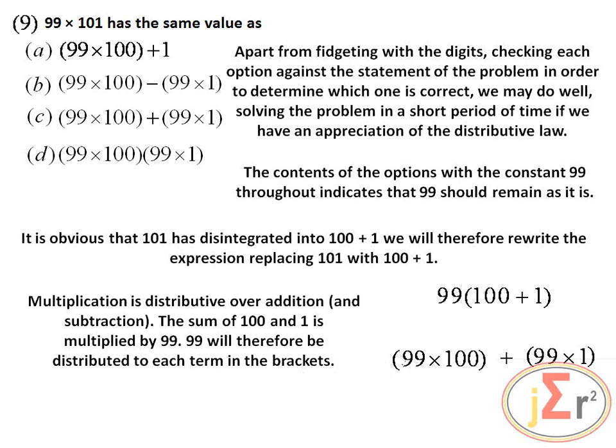All we needed to do is just multiply. But the inclusion of the brackets makes the expression a little bit more friendly to the eyes, and we have no difficulty seeing that this answer is actually option C.